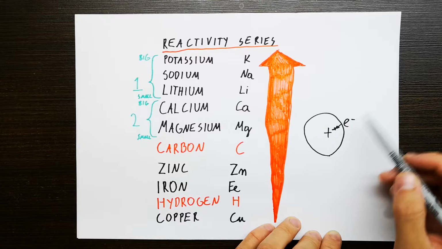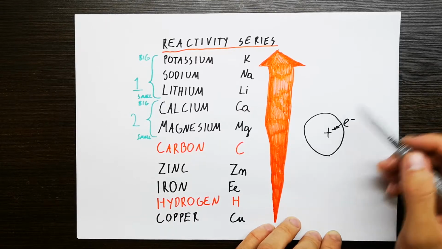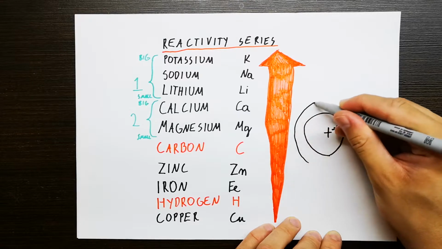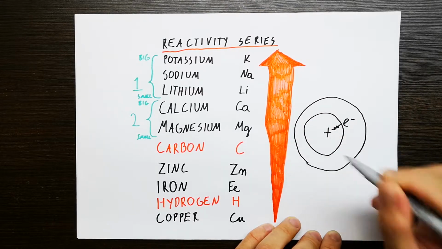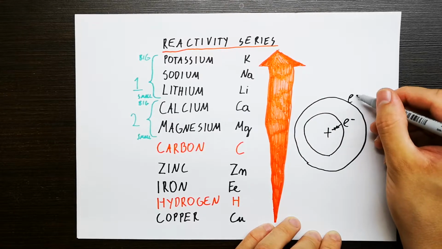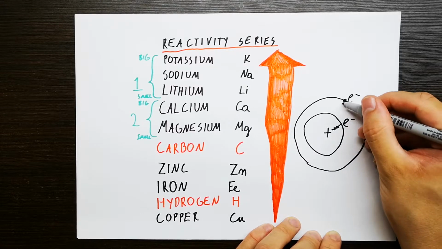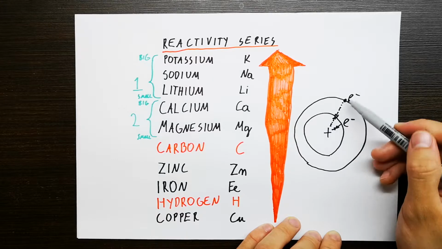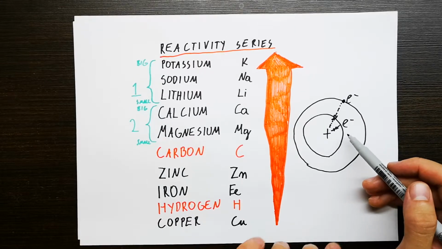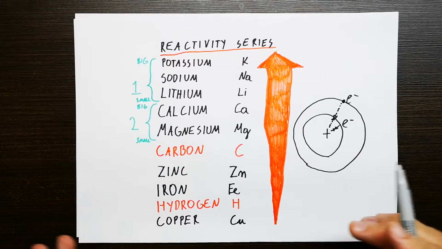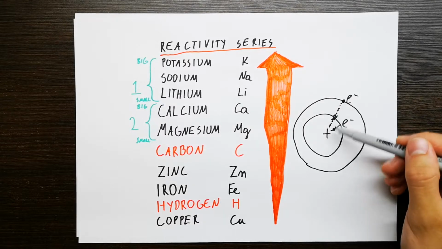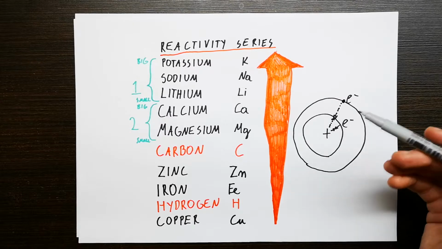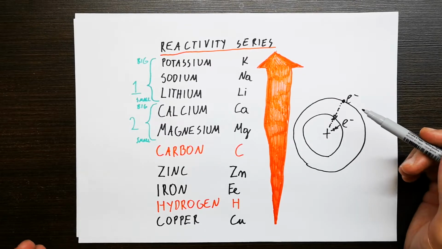The further they are away from each other, the less of an attraction they have on each other. So say if we throw in another electron shell with an electron here, the attraction will not be quite as much as here, because they are further away, and as physics states, the further away they are, the less attraction there will be.